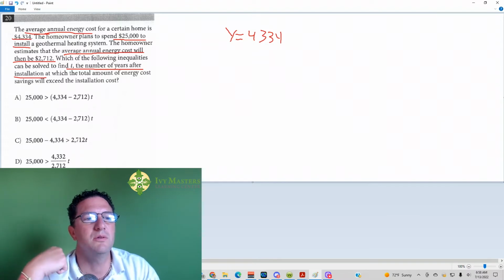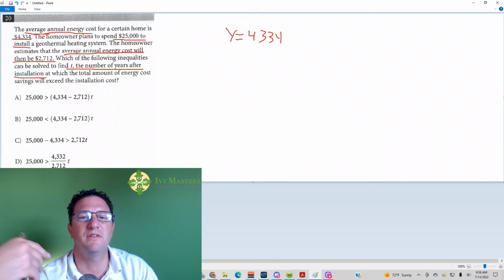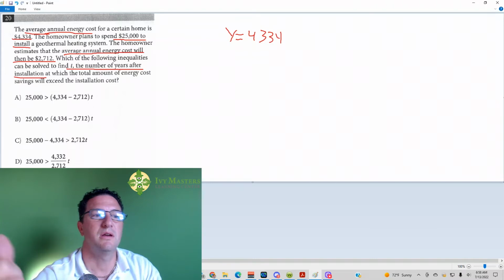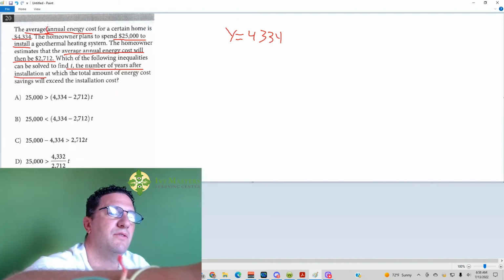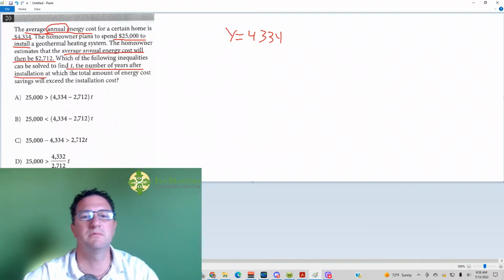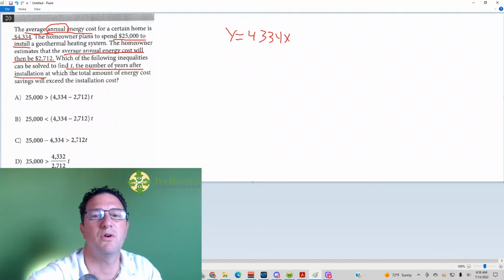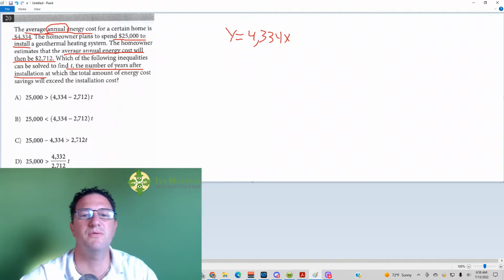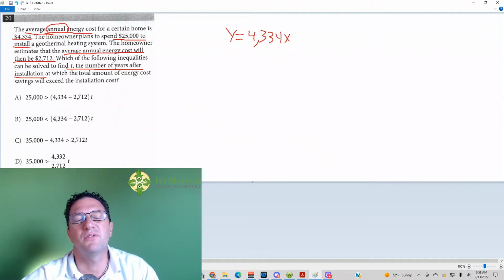Slope is any time it says per or each or every. What does annual mean? It means per year. So that's an indication that it's slope. So 4,334x is that equation.